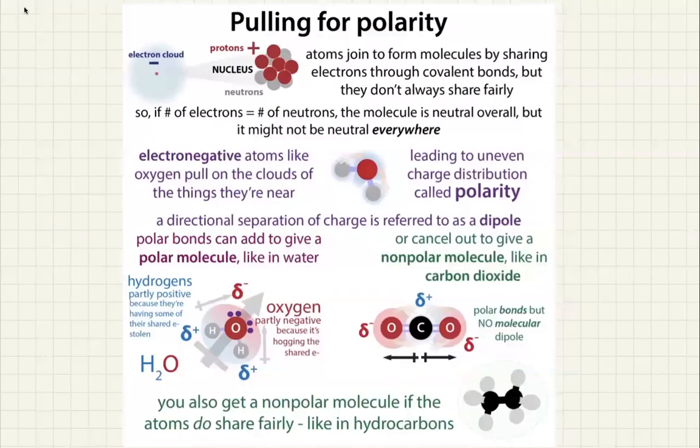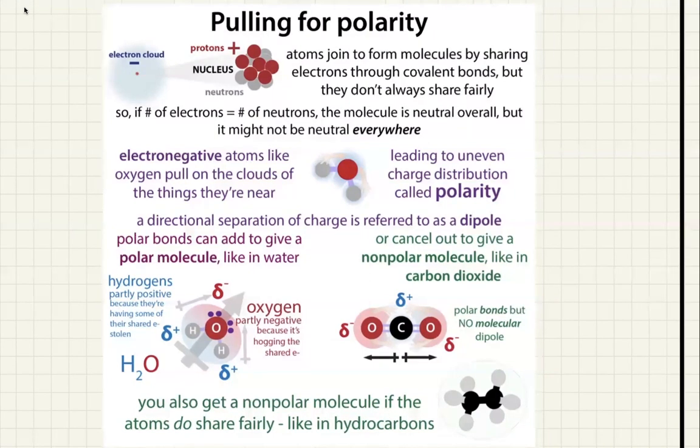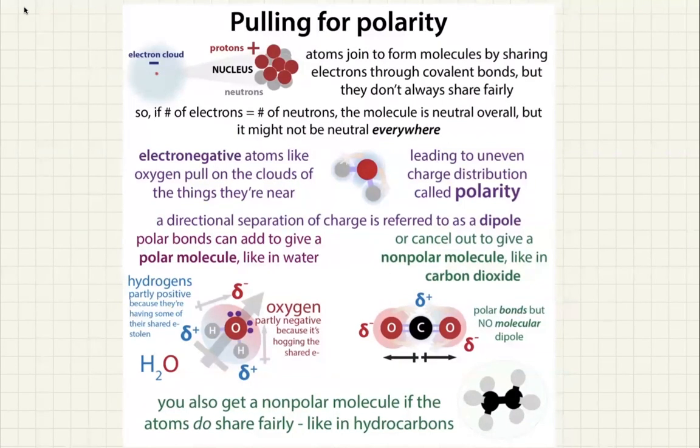And so here's just a summary of what we just talked about. I'm going to talk a lot about electron density. Remember, those electrons are all floating around in this cloud, moving all around. We can't even predict exactly where they're going to be. So we can think of more of the electrons being found more commonly near the electronegative atom, like more of the cloud being pulled towards it.